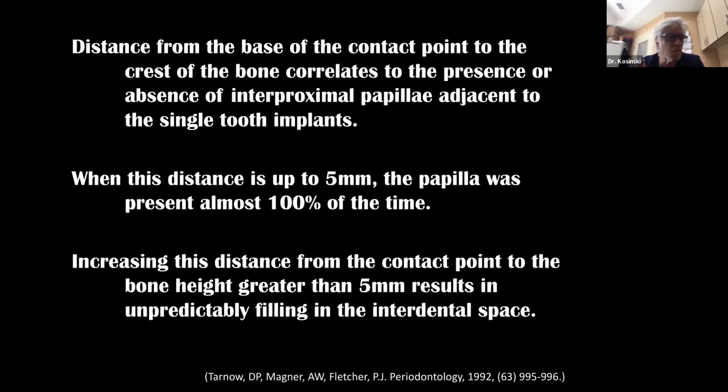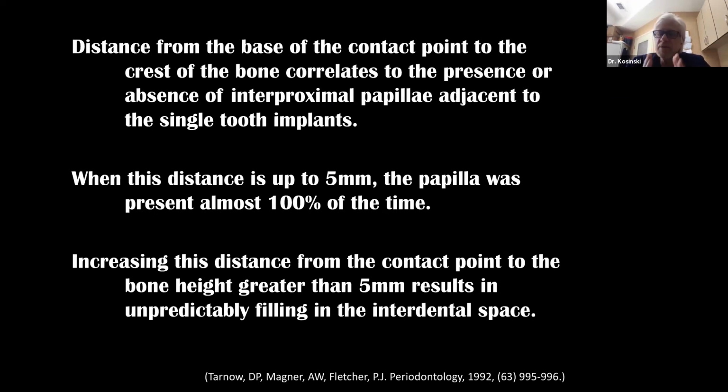Now, this is an important slide. Dr. Tarnow, again, is brilliant. And he said that the distance from the base of the contact point to the crest of the bone correlates to the presence or absence of interproximal papilla adjacent to the single tooth implant. When this distance is up to 5 millimeters, the papilla was present almost 100% of the time.